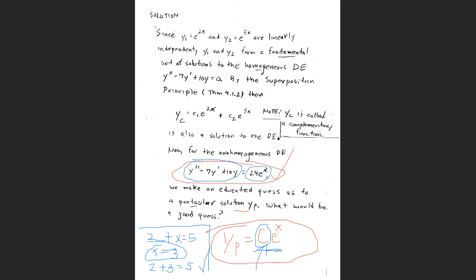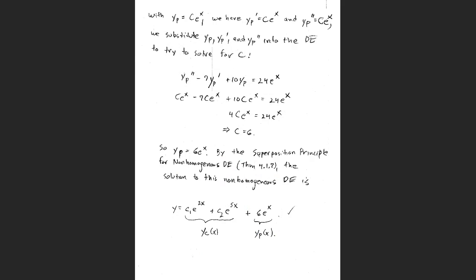So we're going to make the particular solution equal a constant times e to the x. Let's check it out. If that is our guess, then here's the first derivative of the particular solution. That equals c times e to the x. And here's the second derivative of the particular solution. That also equals c times e to the x.